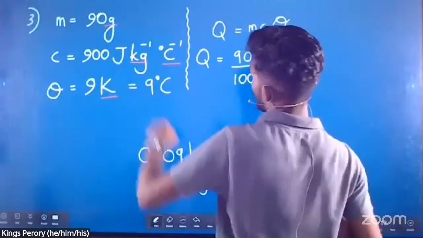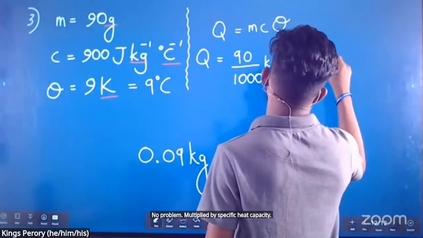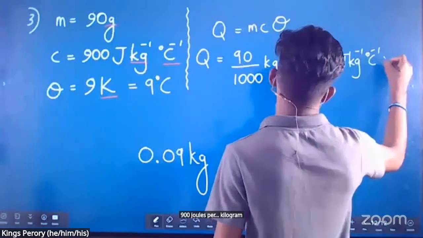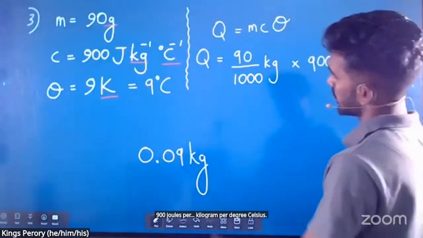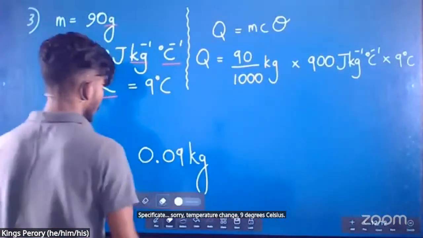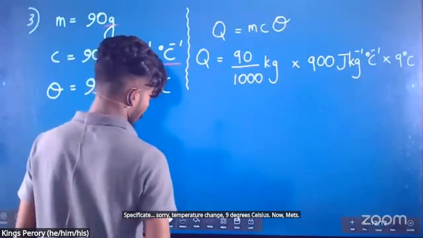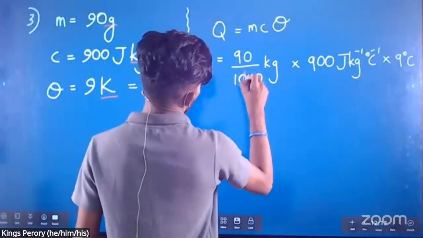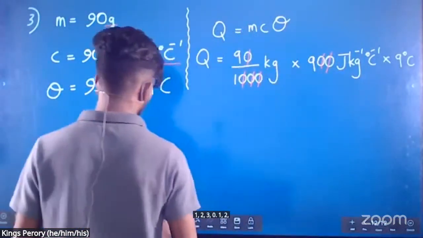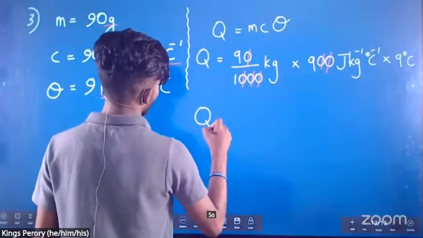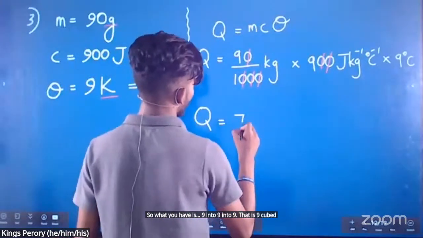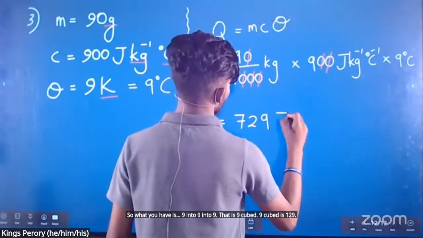Multiplied by specific heat capacity 900 joules per kilogram per degree Celsius, temperature change 9 degrees Celsius. Now maths. The 1000 and 1000 cancel off. So what you have is 9 into 9 into 9. That is 9 cube. 9 cube is 729 joules.